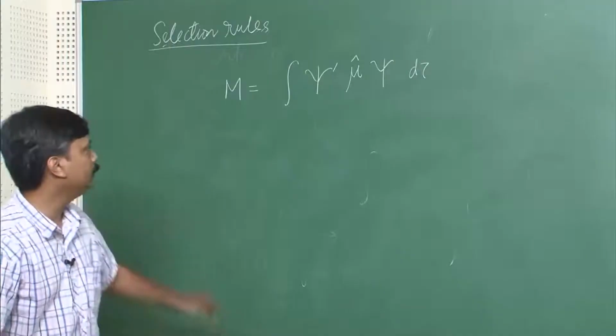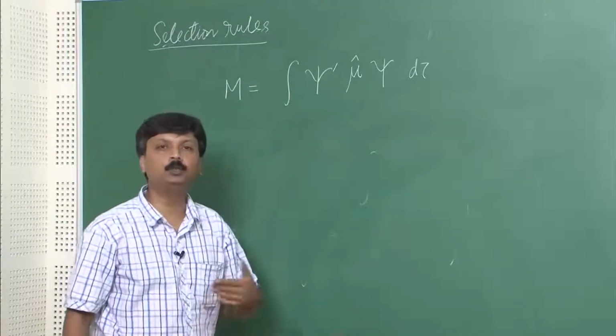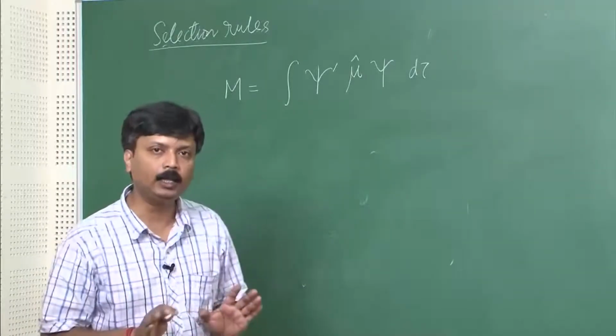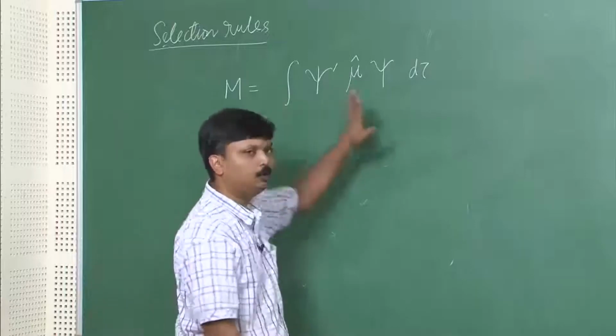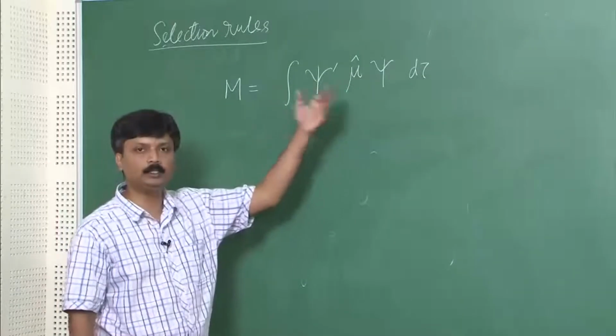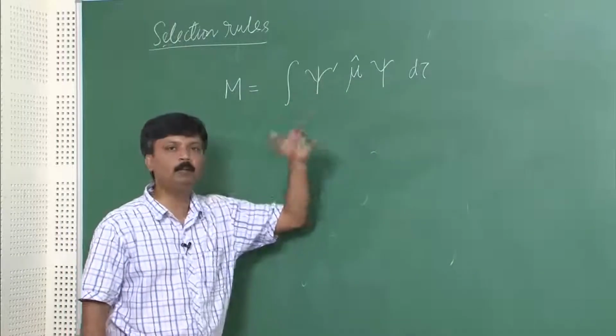And if this transition moment integral is 0, then there is no transition allowed. If this is non-zero, then the transition is allowed. That much we have learned so far, right? And it is true for anything and everything, any transition that we are discussing. Depending on the situation, my operator may be different.